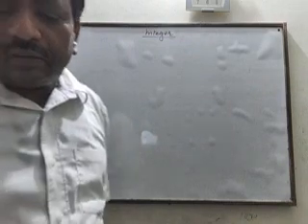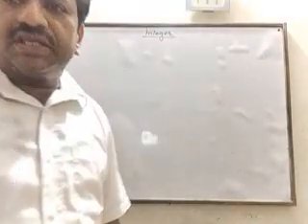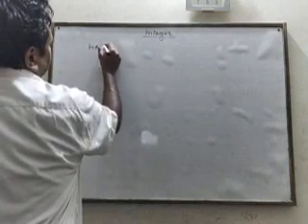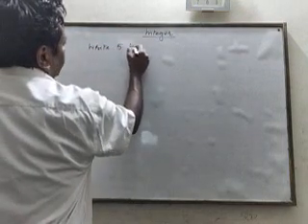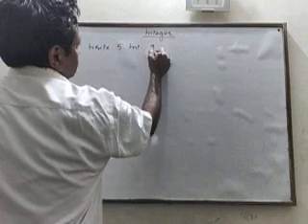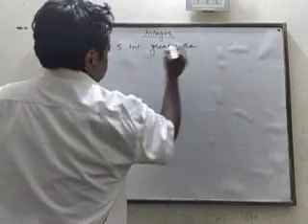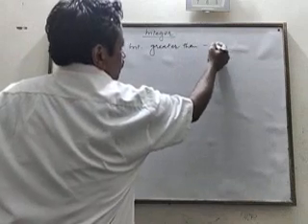Next: write 5 integers greater than minus 15.